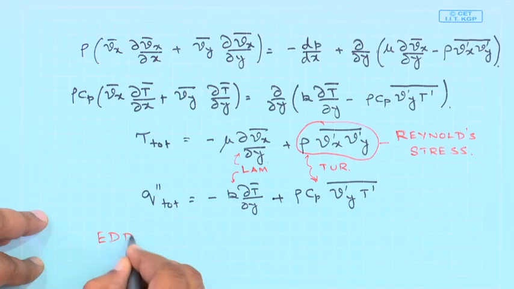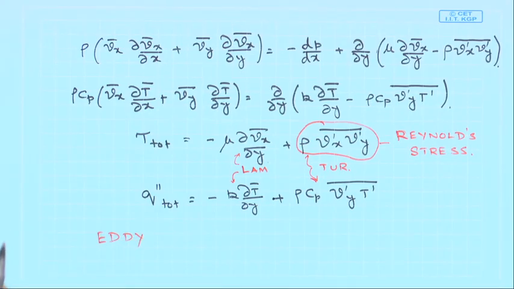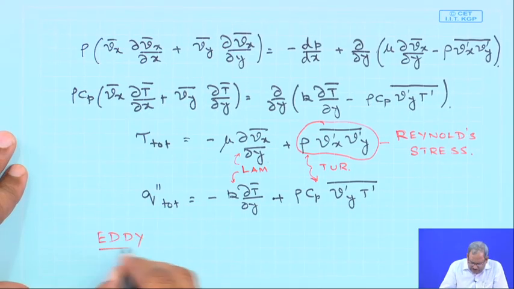So, we would quickly see how eddy can be combined with our traditional understanding of laminar transport and get some idea of the enhanced transport encountered in turbulent flow. So, let us look at what this eddy concept is. This is a conceptual model.